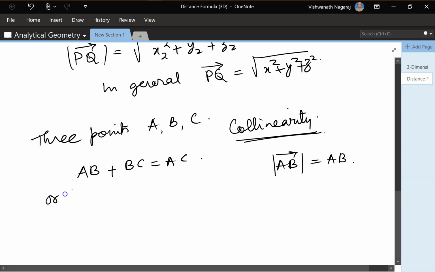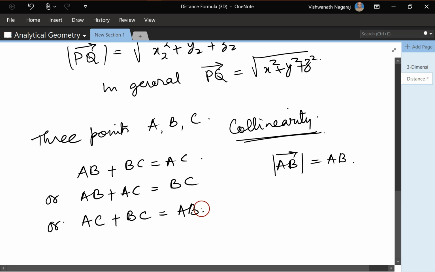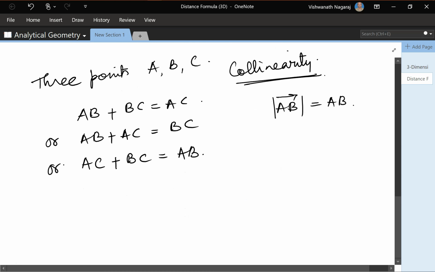So AB plus BC equal to AC, or AB plus AC equal to BC, or AC plus BC is equal to AB. If any one of these conditions are true, then the points are collinear.